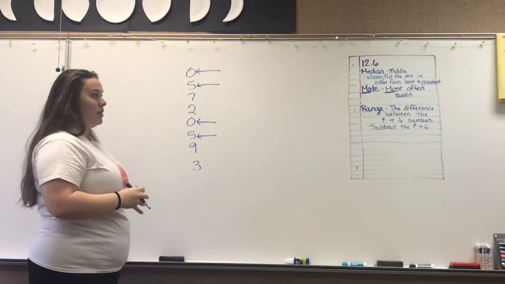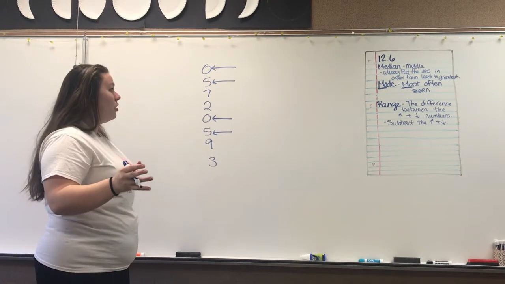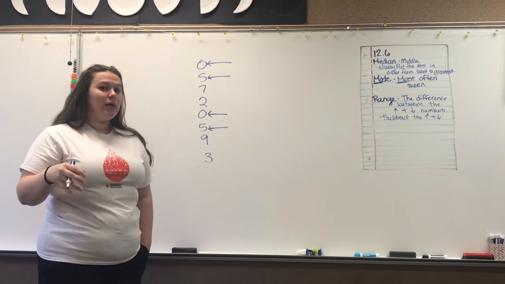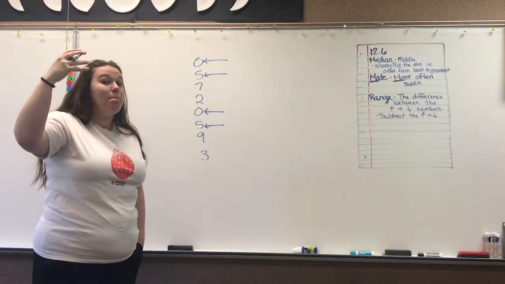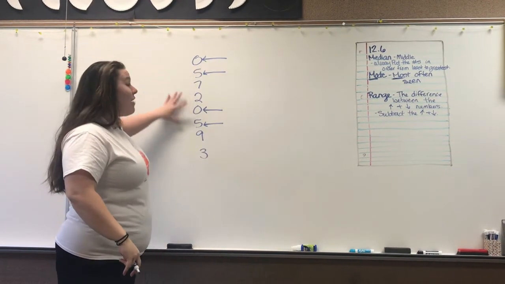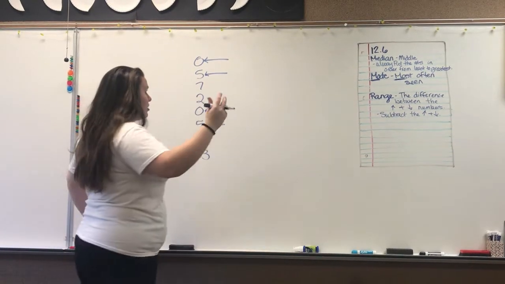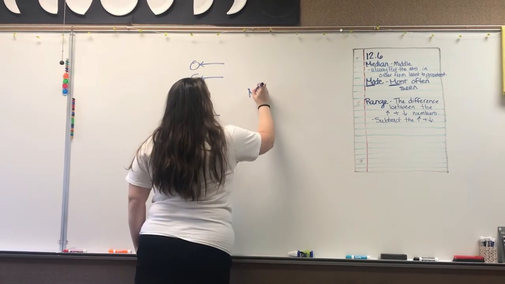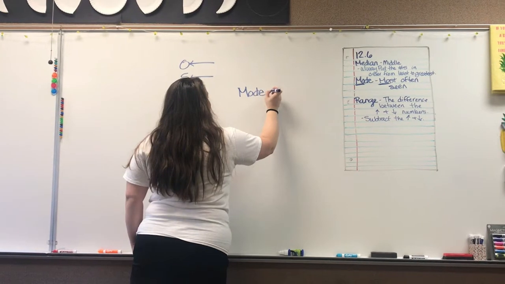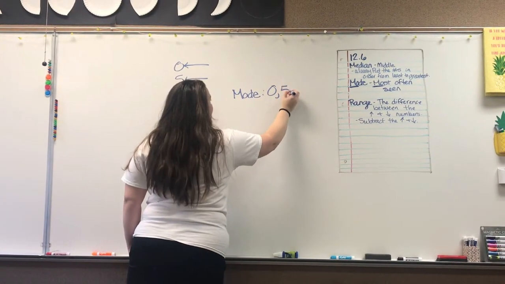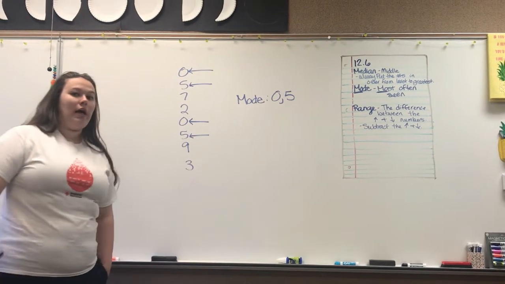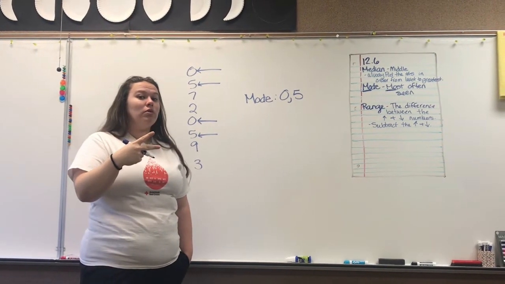Do I have anything that repeats 3 times? No. If I had a number that repeated 3 times, that would be the one that has the most. That would be the one that has the mode. However, I have an equal amount at the top. So my mode would be 0 and 5. Okay? Both of them can be the mode.